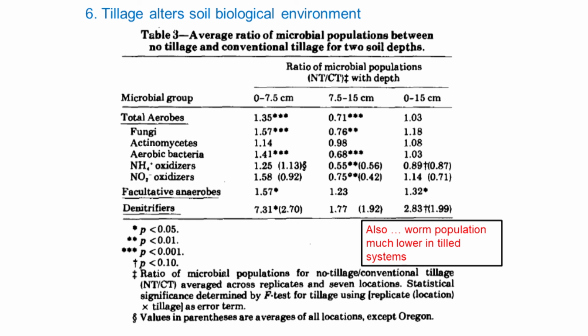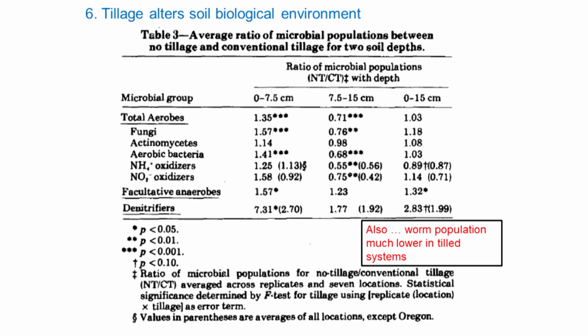So let's just look at the overall, don't worry too much about the numbers here, but on average, no-till will increase aerobic bacteria by 3% over conventional till in the top 15 centimeters. So you're not really impacting aerobic microbial groups, tillage versus no-till. But what you are increasing are the anaerobic bacteria.